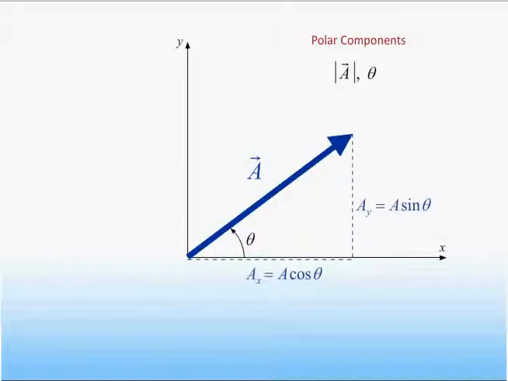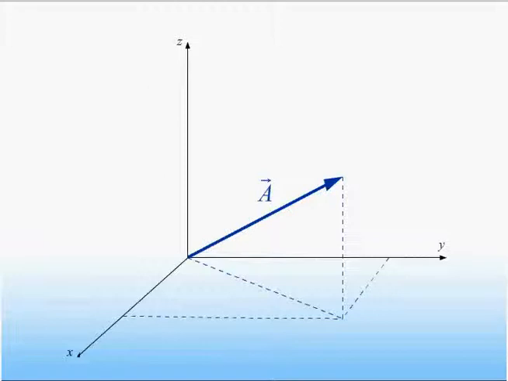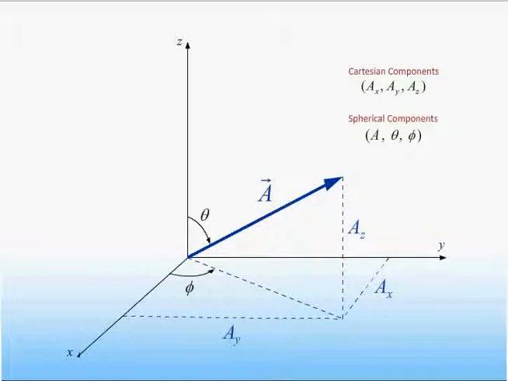Using trigonometry, we can determine completely the relation between the Cartesian components, a_x, a_y, and the polar components, a, theta. In all cases, though, you should think of the vector itself as an object, the arrow. The different coordinate systems we invent are just different ways of describing this object in terms of scalar quantities.